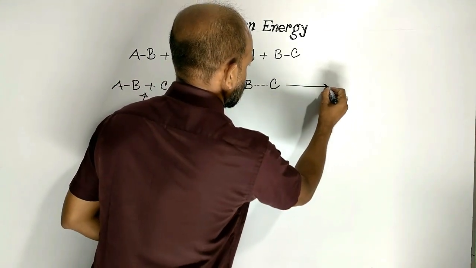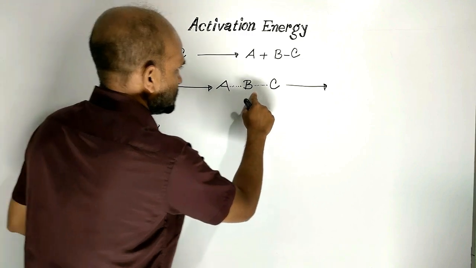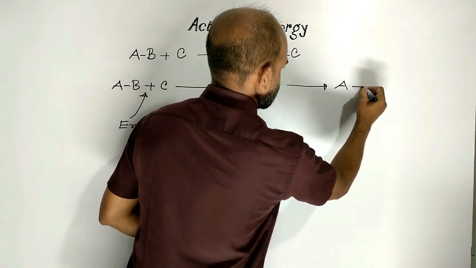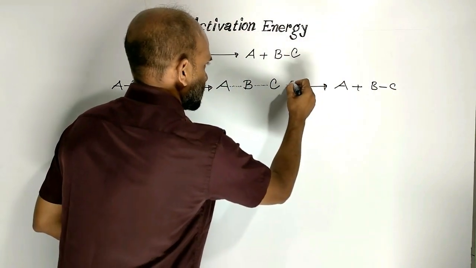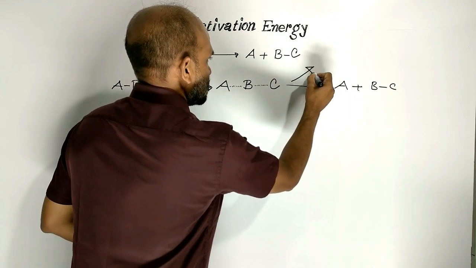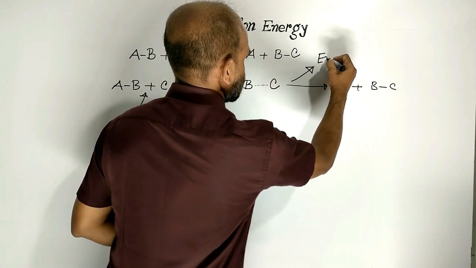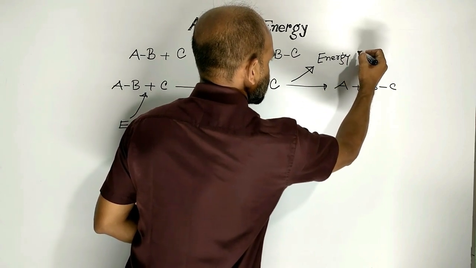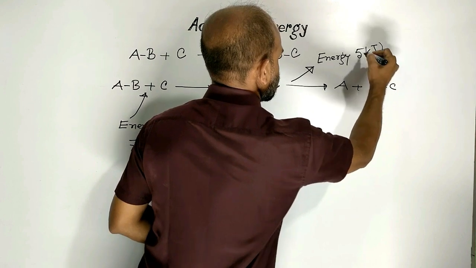Then this complex structure changes to final products with the release of some amount of energy. Suppose this is 5 kilojoule energy.